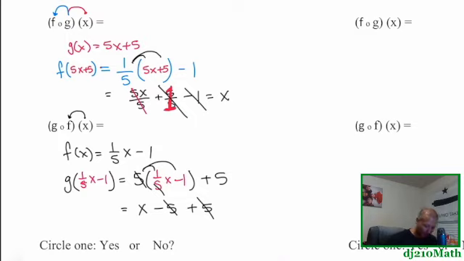So we got x again. What happens is we got x in both compositions. Therefore, they are inverses. The functions are inverses because the compositions came out to x in both cases.